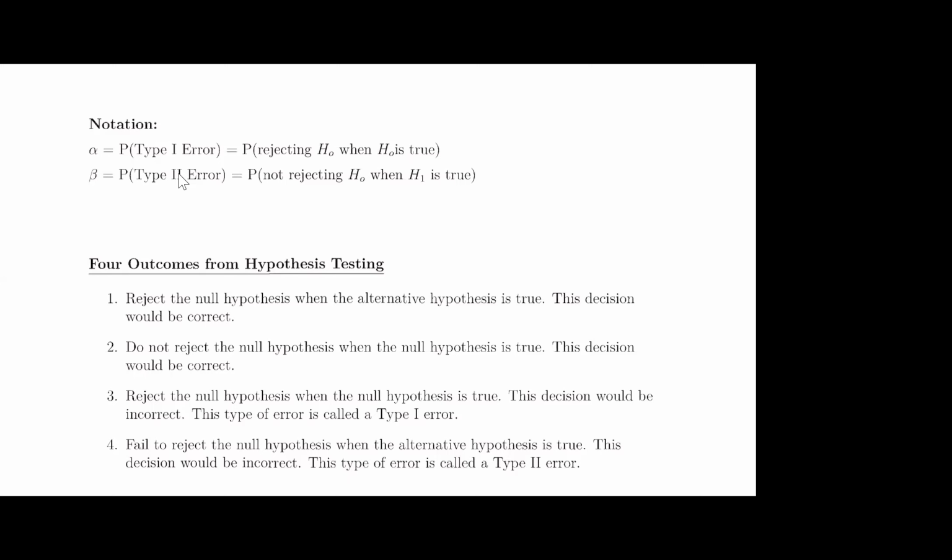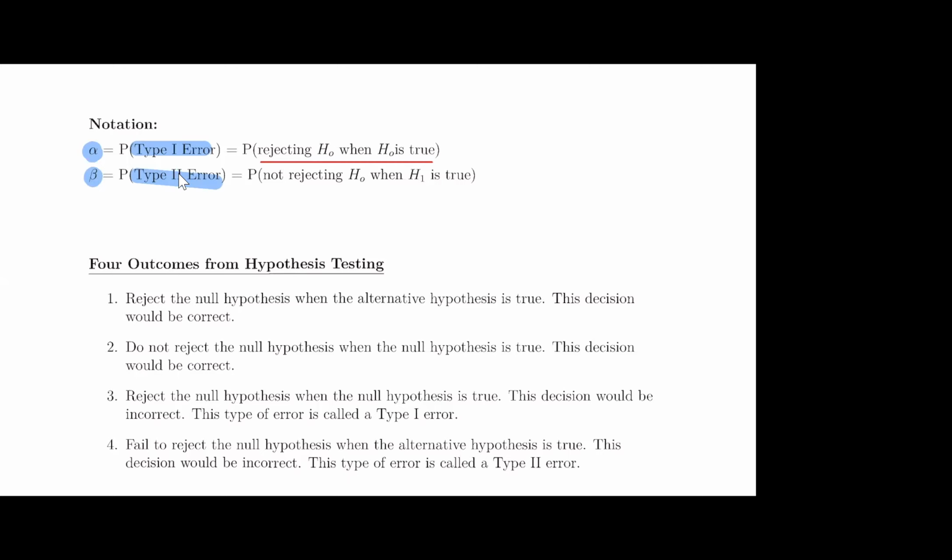For that, we have something called a type 1 error and a type 2 error. That's alpha and that's beta. If we have alpha, that's a type 1 error. If we have beta, which is the B, that's a type 2 error. Type 1 error says rejecting the null hypothesis when the null hypothesis is true.